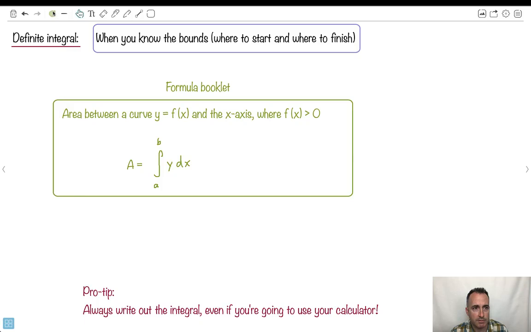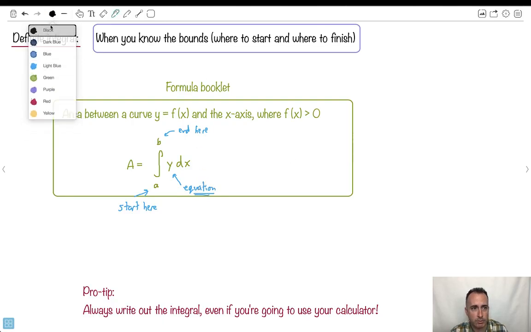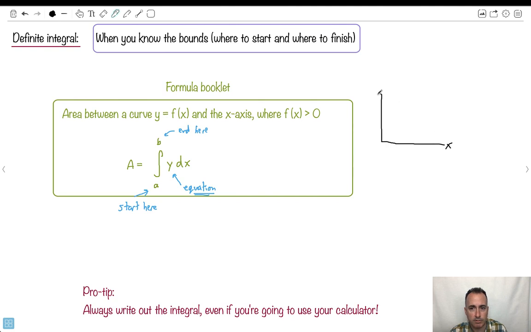Let me maybe label a few things here. So this means basically start here. I'll say start here, end here. That's what we mean here. So here's your equation. This is your function. Okay, so this is your equation you're using. And again, just to show you what this is, we have some sort of curve.